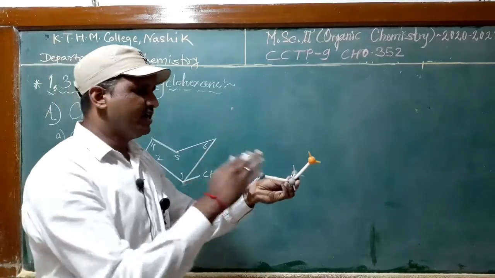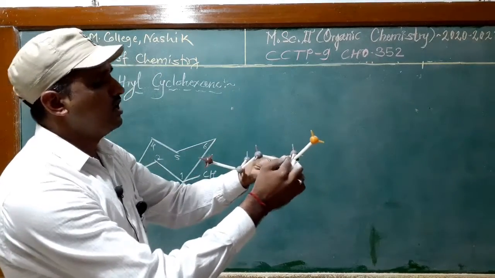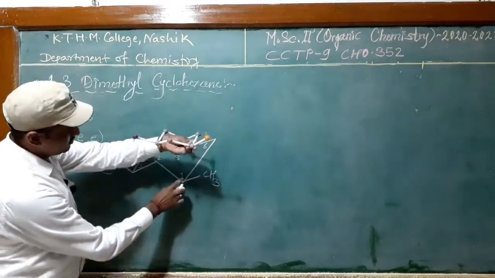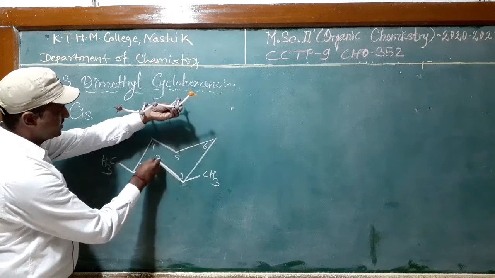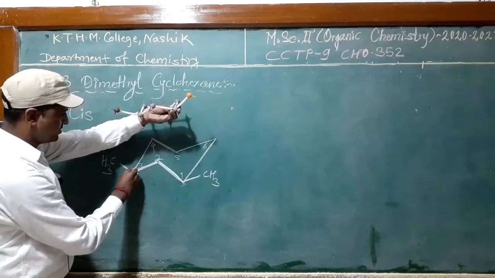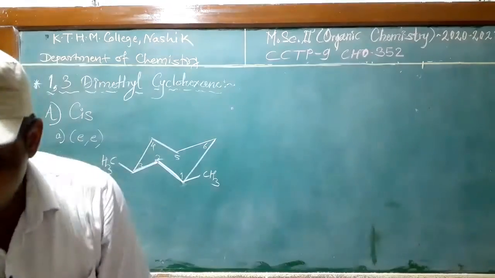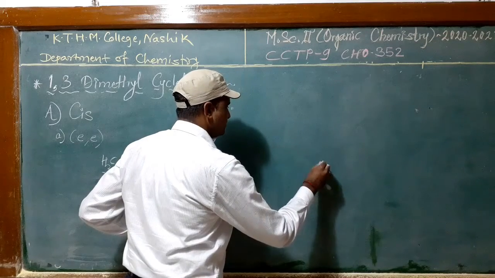So again we are considering 3 carbon atoms as the front carbon atoms. Carbon number 1, carbon number 2, carbon number 3, these are the front carbon atoms when we write the Newman's projection. Okay, so we are drawing here the Newman's projection.